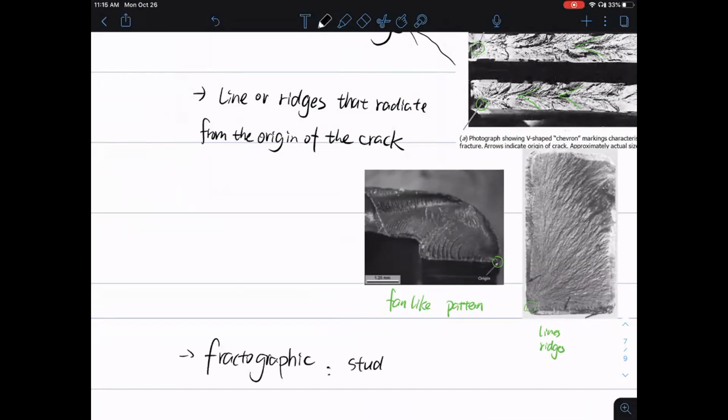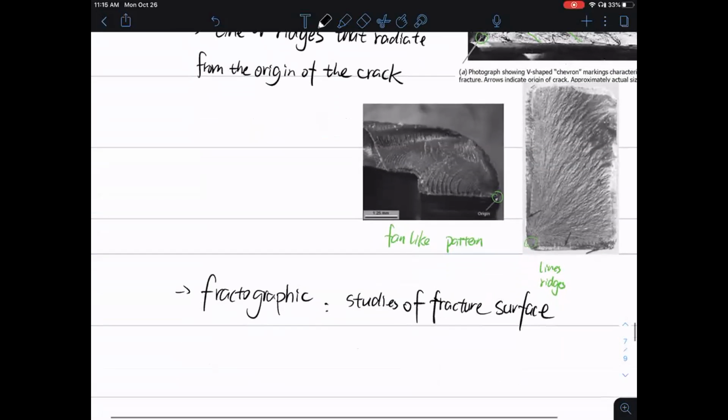These are studies of fracture surface, and the tool they use is called the SEM. Remember what SEM is?